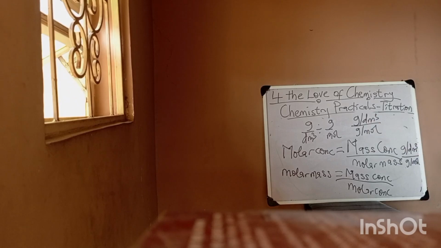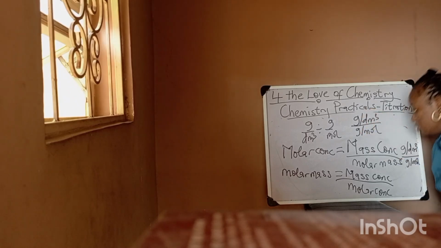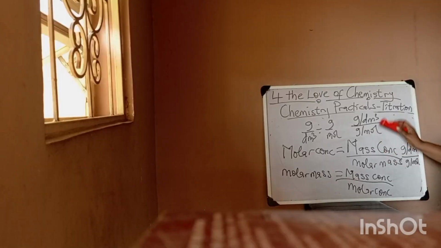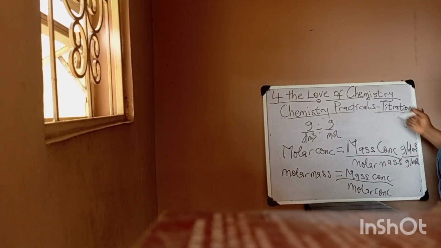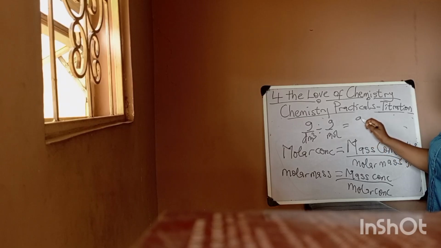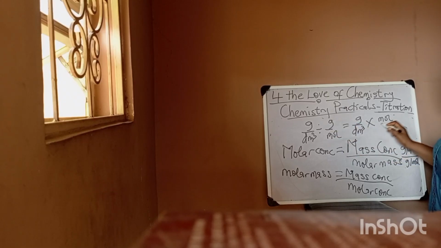When I write it like this, it's easy to forget that this means divide. So when a fraction is dividing a fraction, we write the first one, change this to multiplication and invert. So mole over gram. G cancels G, and we have mole per dm cubed.